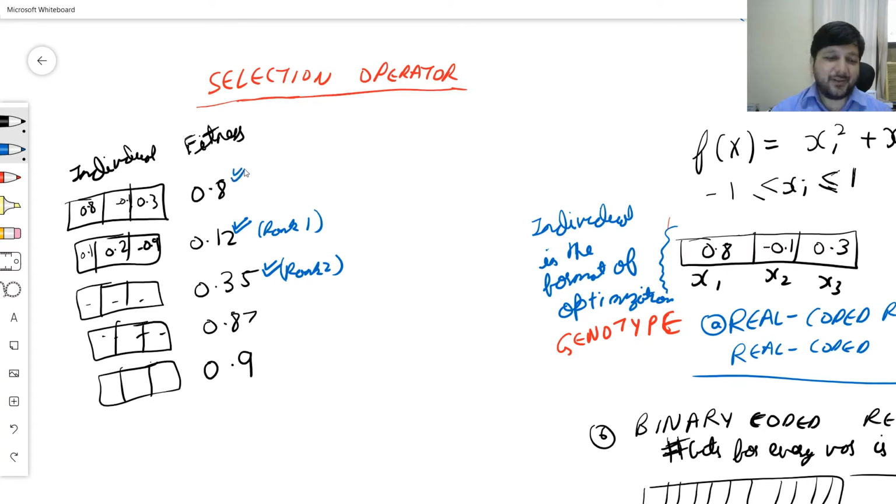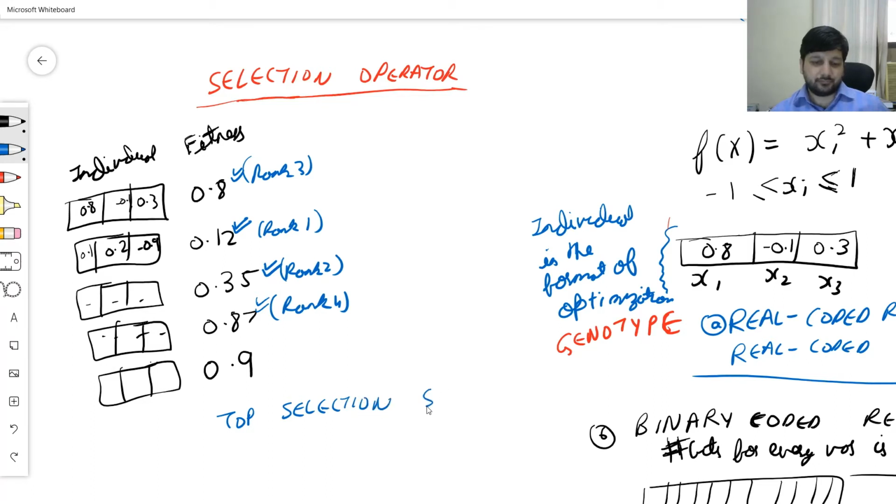And the other 2 are rank 3. And the last one is a rank 4. That's intuitively the best thing that you can think of. This is what's called as a top selection strategy. And it's a valid selection strategy.